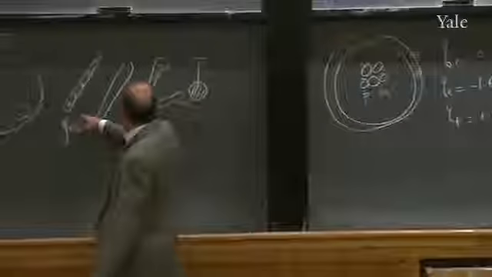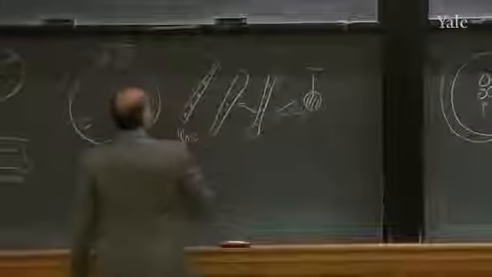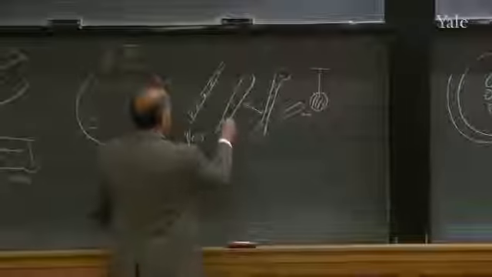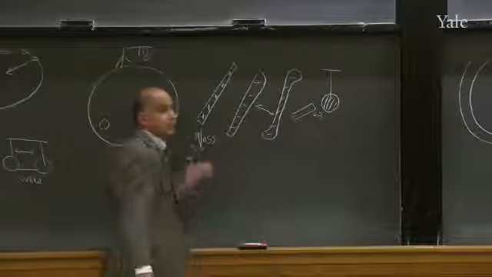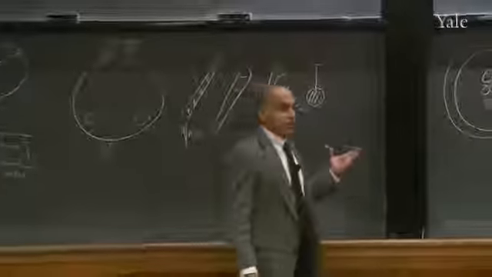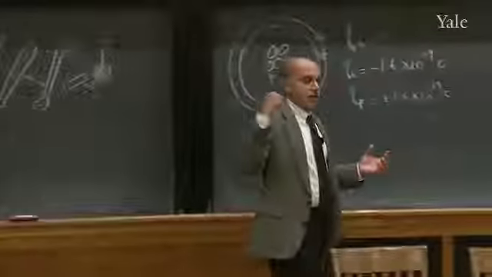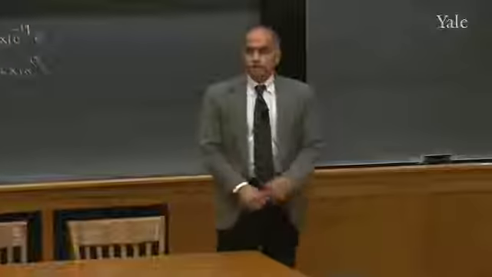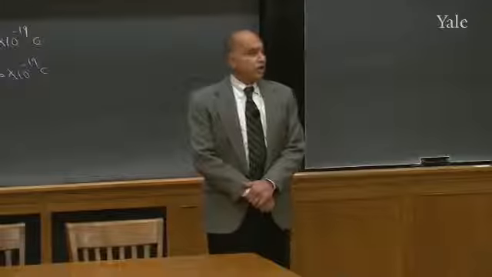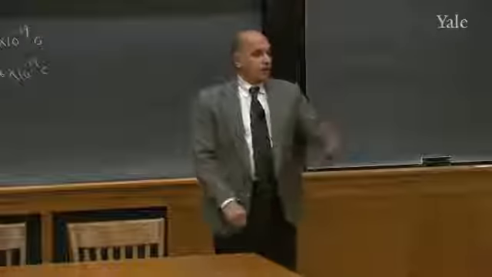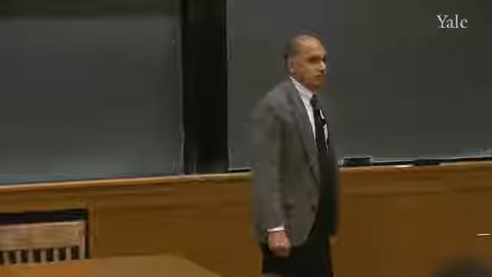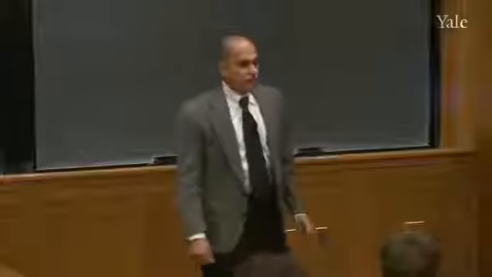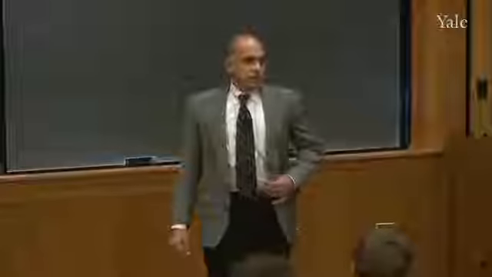So from this and Coulomb's law, can you understand the attraction between these two? How many people think you can, from Coulomb's law, understand the attraction between these two rods? Nobody thinks you can. Well, why do you think you cannot? Because they're not point charges.